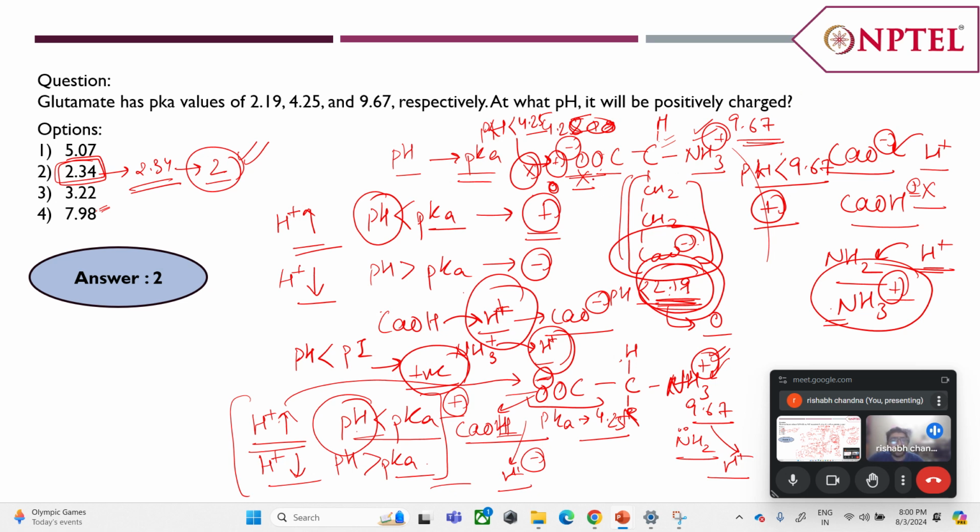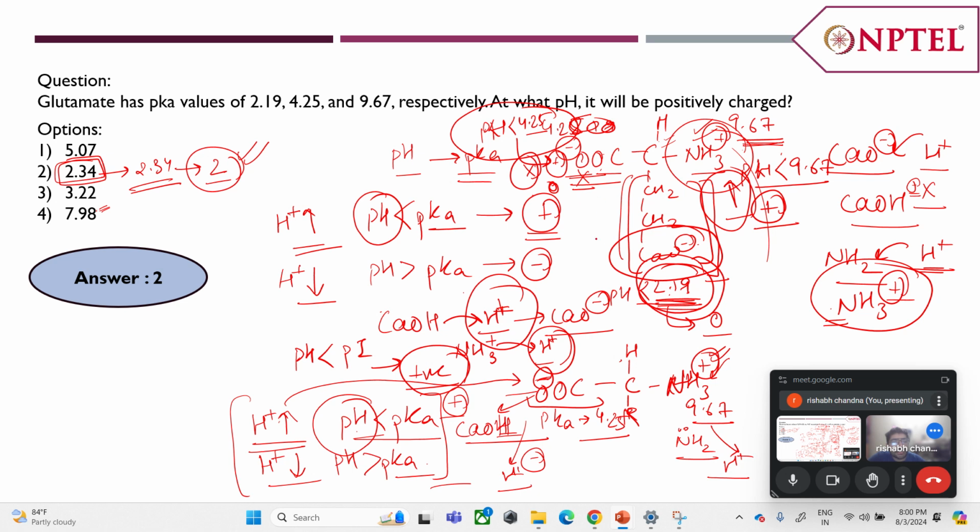A pH less than 4.25 would give a neutral charge on this COOH. A pH less than 2.19 would give a neutral charge on this particular side chain, and a pH less than 9.67 would give a positive charge on the amino group moiety.